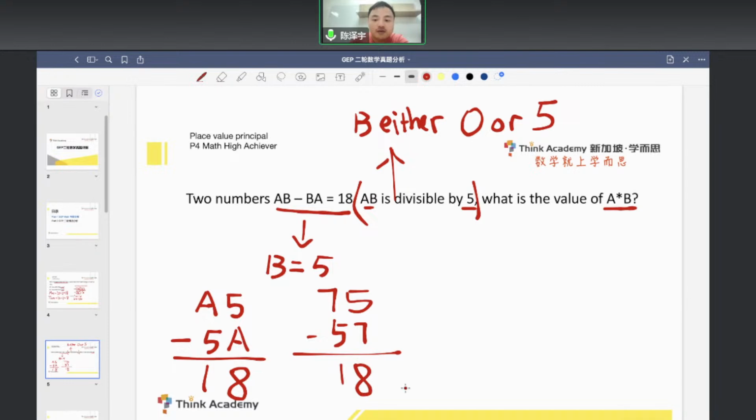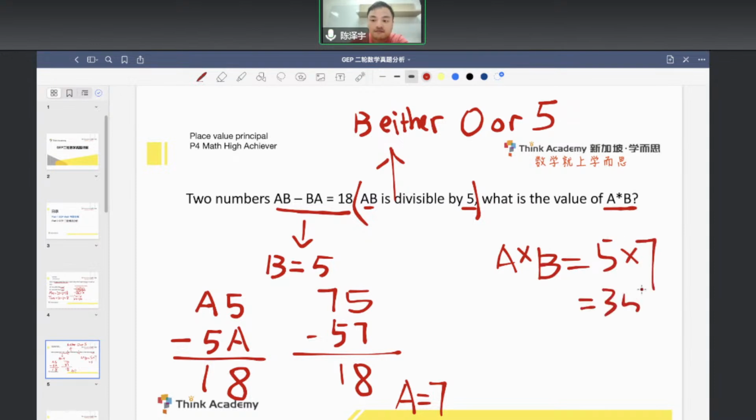So I know that my A is equal to 7. Now I want to answer the question, what is A times B? I know A equals 7, B equals 5. So A times B equals 5 times 7, which is 35. So this is our answer.